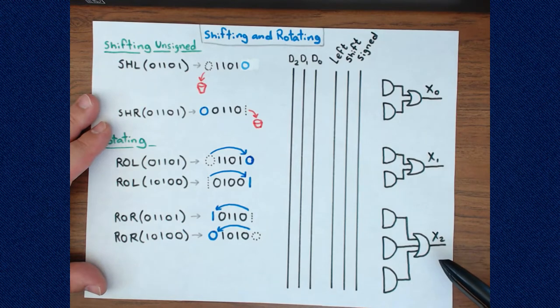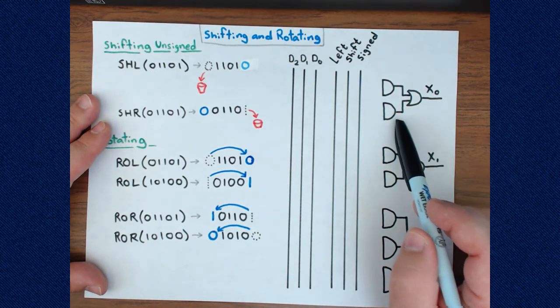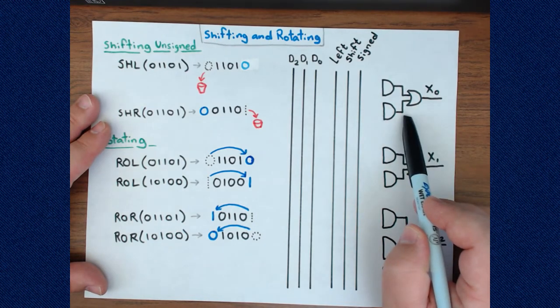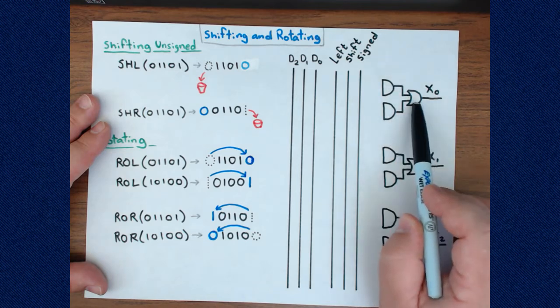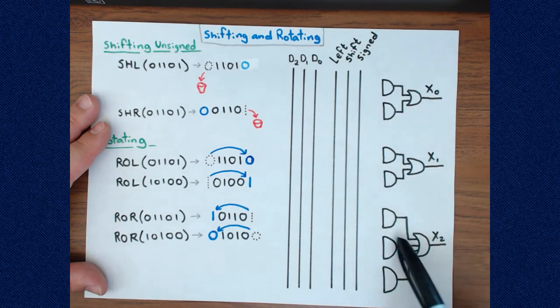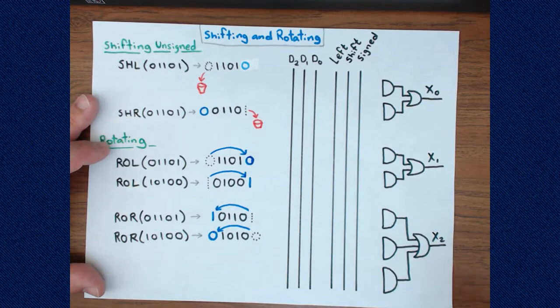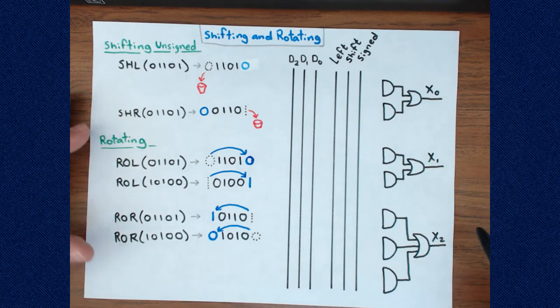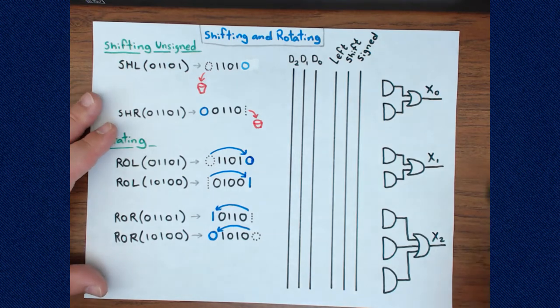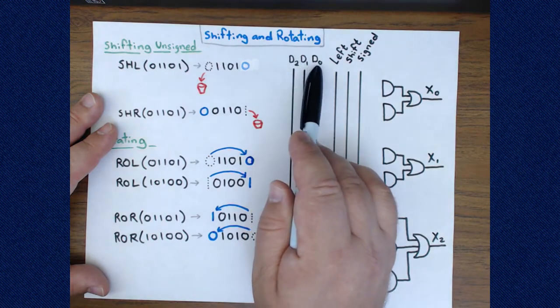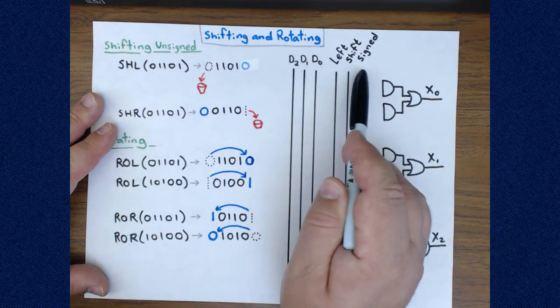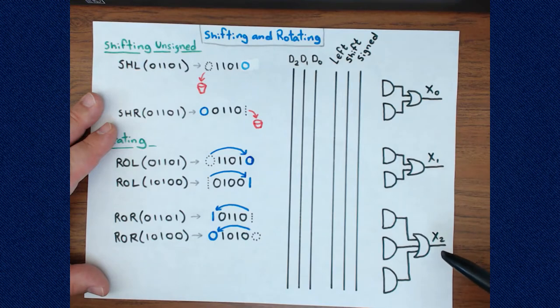All right, so let's start with this middle piece of output. Let me talk about the output layer here. You'll notice what appears to be a small multiplexer here, a layer of AND gates going into an OR gate, a layer of AND gates going into an OR gate. Another layer, this one has 3 AND gates, and we'll have to get to why that is later, going into an OR gate. But this is because effectively this shifting, rotating circuit with possible sign extension is really just 3 individual circuits where we're sending in 3 bits of data along with some control information, and we're getting 3 new bits that represent a 3-bit number.